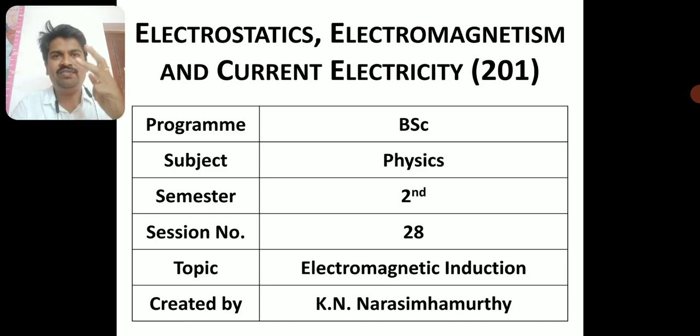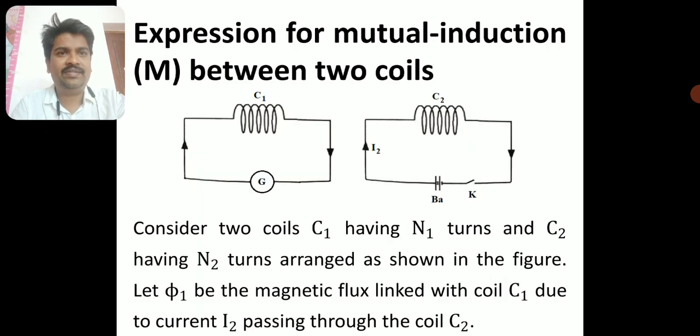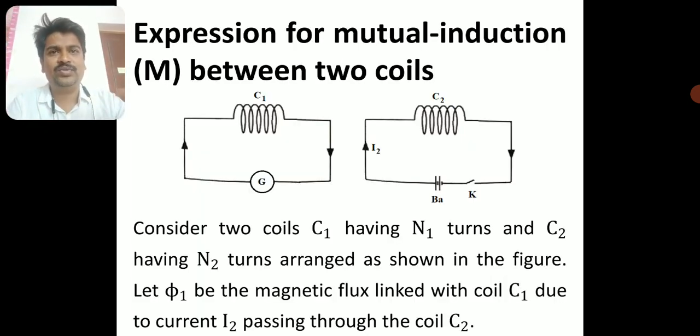Now, after knowing the three laws, two Faraday's laws and one Lenz's law about electromagnetic induction, I will start with the expression for the mutual inductance. In my previous video, I derived an equation for the self-inductance. Today I am going to derive an equation for the mutual inductance. Mutual means you need to have two coils. One coil C1 having N1 number of turns is connected to the galvanometer G to know the current flowing in it by knowing the deflection of the galvanometer.